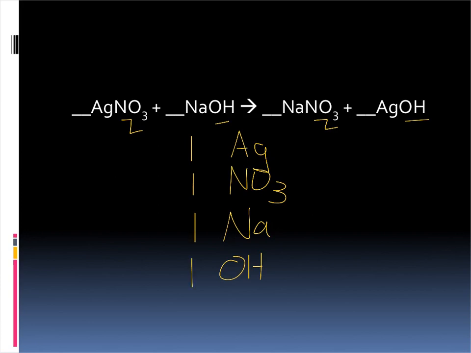All right, and then over here I got 1 Ag, 1 NO3, 1 Na, 1 OH. So guess what? This equation is already balanced. So when it's already balanced, remember it's just a bunch of little imaginary ones there, okay? There we go.